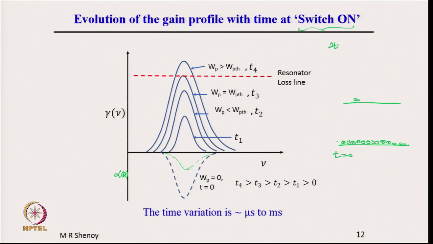When the pump is switched on, atoms start making transitions to the upper level, and then there may be a third level where they come down rapidly and start accumulating here. As they start accumulating here, and if the number becomes greater than this number, then we have gain, and that is why the gain profile is continuously increasing. So, the gain profile is increasing as time goes above 0 after we switch on the pump.